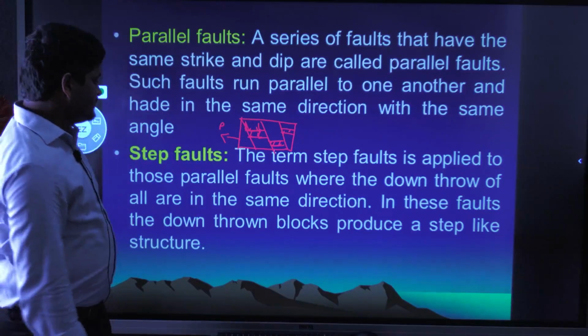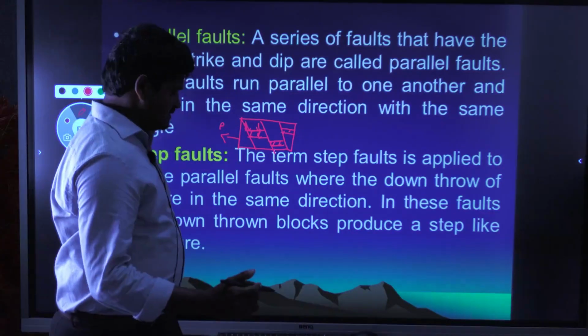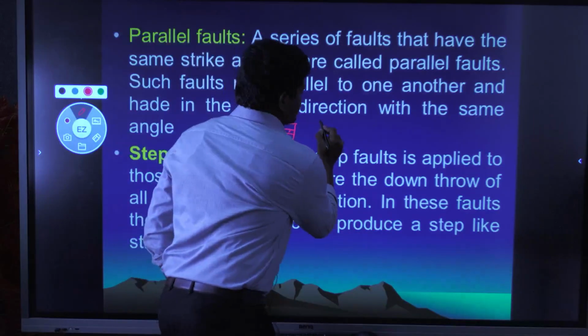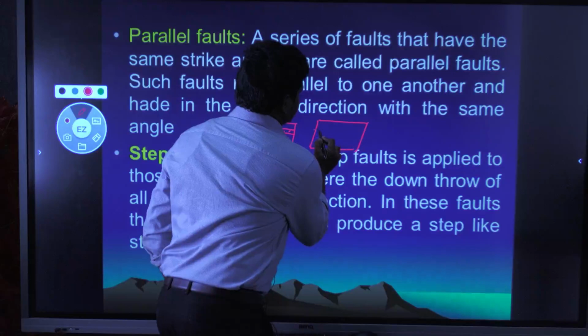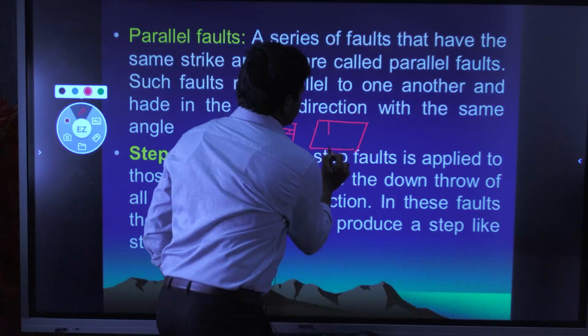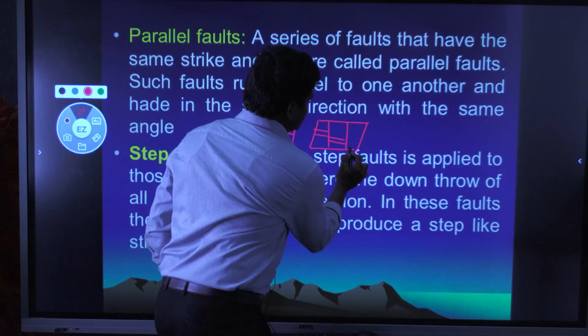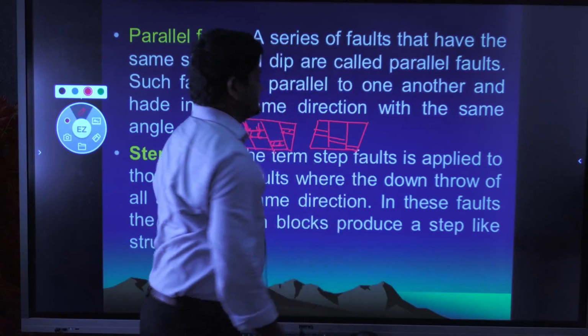Now coming to step faults. Step faults are formed along the dip direction, and they are identified in the rock masses along the dip direction only. So this is about step faults.